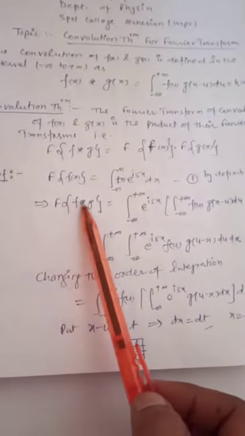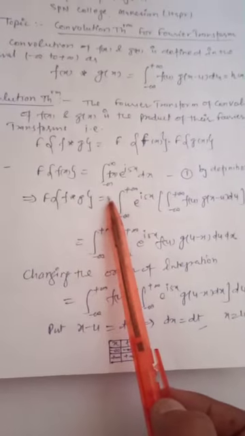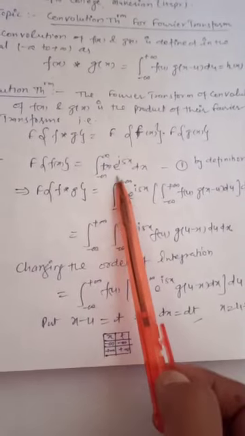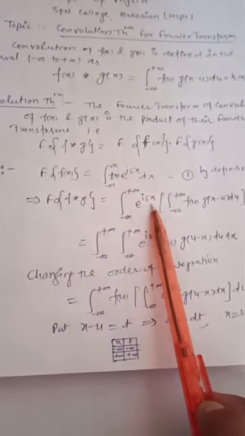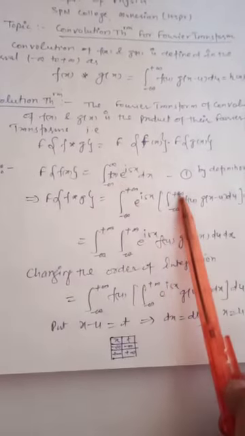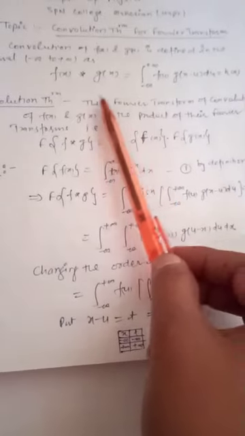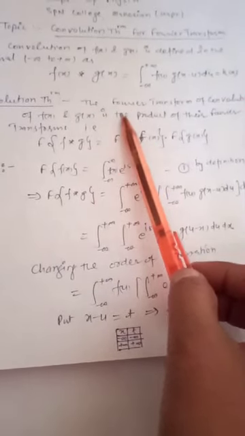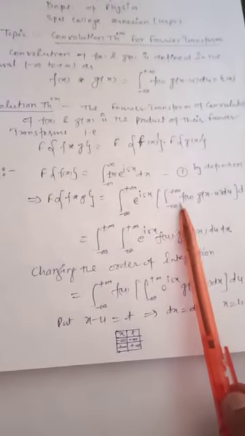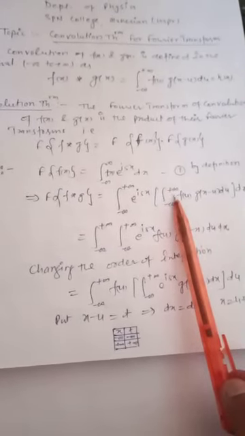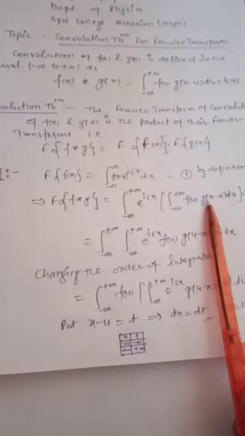With the help of this formula, if we write the Fourier transform of f of x convolution g of x, it is equal to the integral from minus infinity to plus infinity, with exponential iota sx, and in place of f of x we write this result, f of x convolution g of x, which is the integral from minus infinity to plus infinity of f of u g of x minus u du.